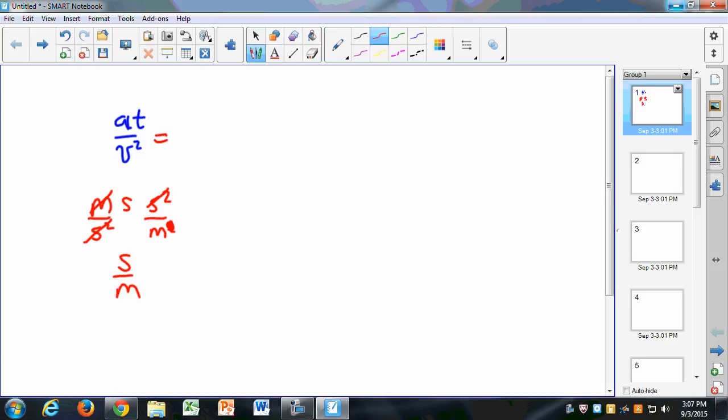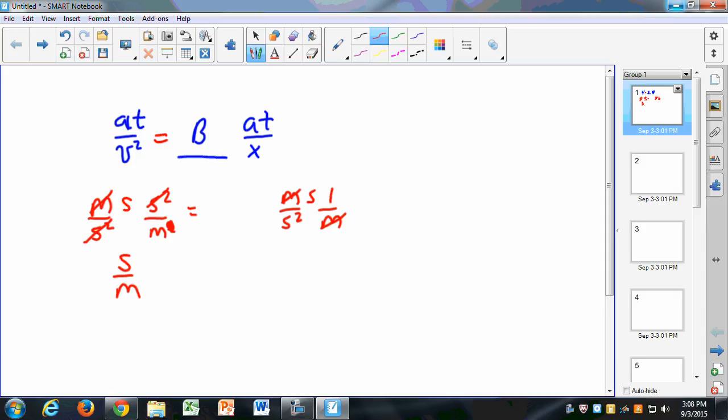And then let's say that this is actually part of a bigger equation where I have some variable, we'll call it b, and it looks like that. And I want to know what are the units of b. Well, now you'll also need to find the units of this a over x. That's meters per second squared, seconds, 1 over meters.